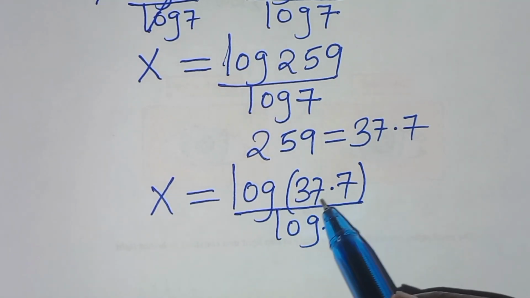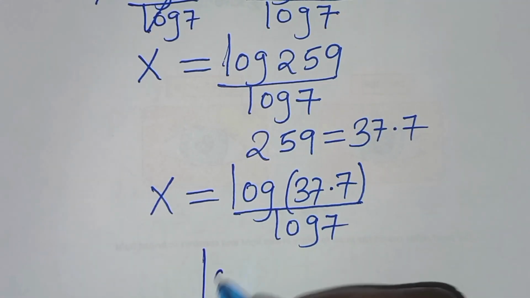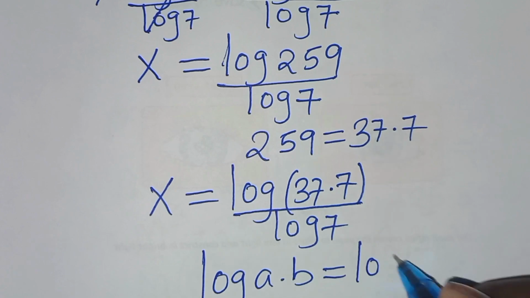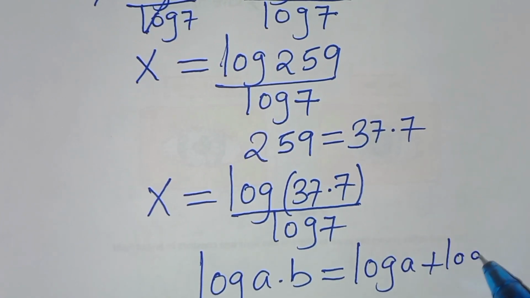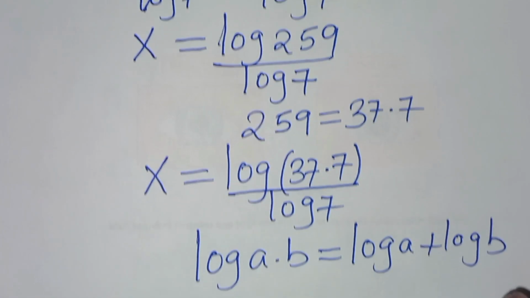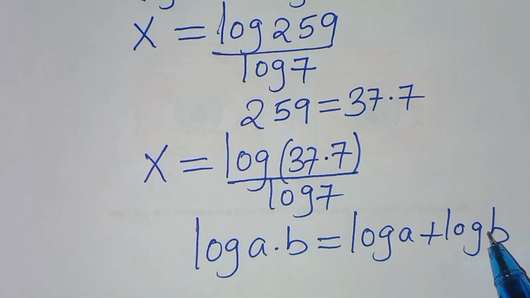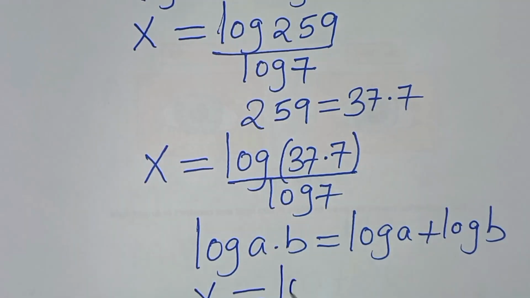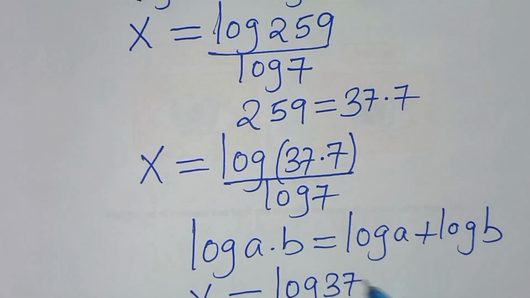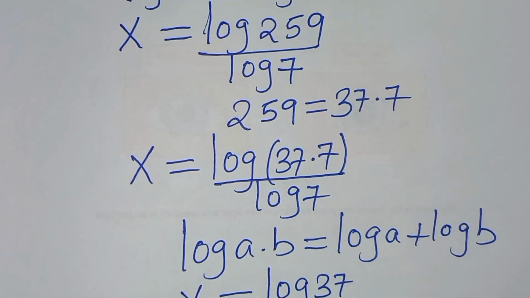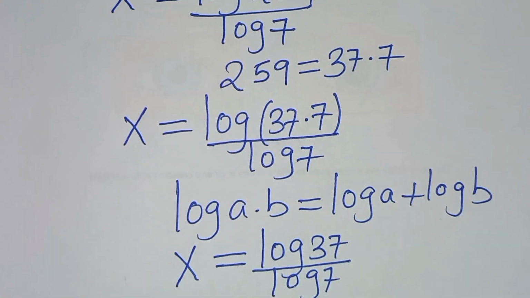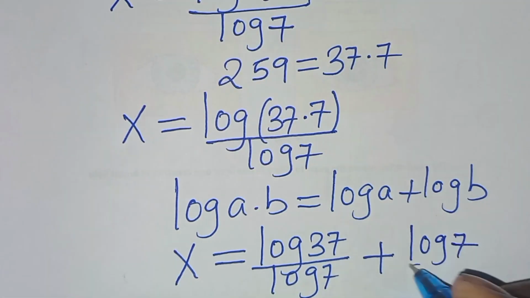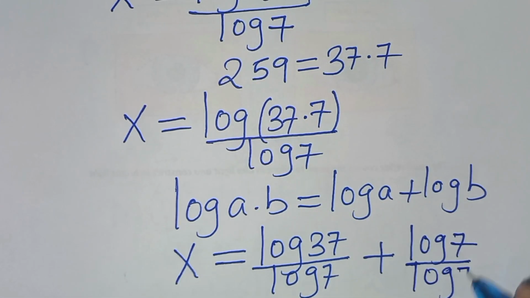But log of 37 times 7 is in the form of log a times b, which we can express as log a plus log b. Applying this logarithm property, x is equal to log 37 divided by log 7, plus log 7 divided by log 7.